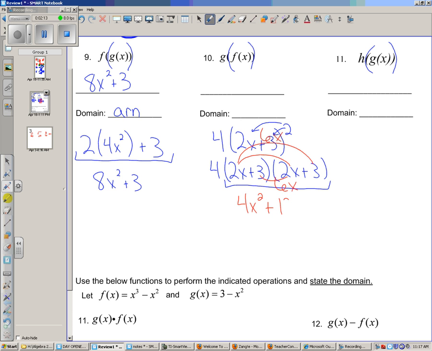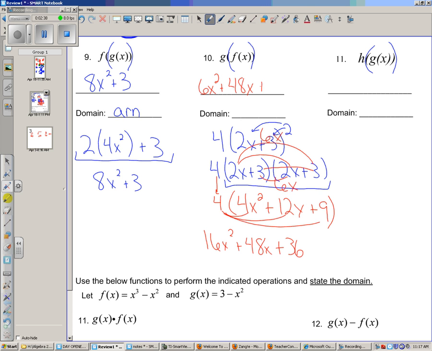So I'm just going to add those right now and make it 12x. And then 3 and 3 will give me 9. And then all of that is now times the 4 that's there. So when I take 4 to each term here, I get 16x squared plus 48x plus 36. And that's what I'll put in my final blank answer then.